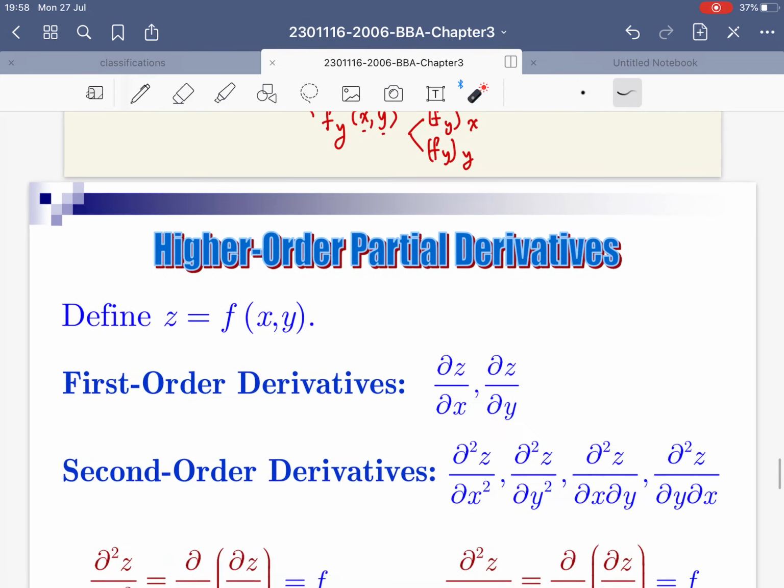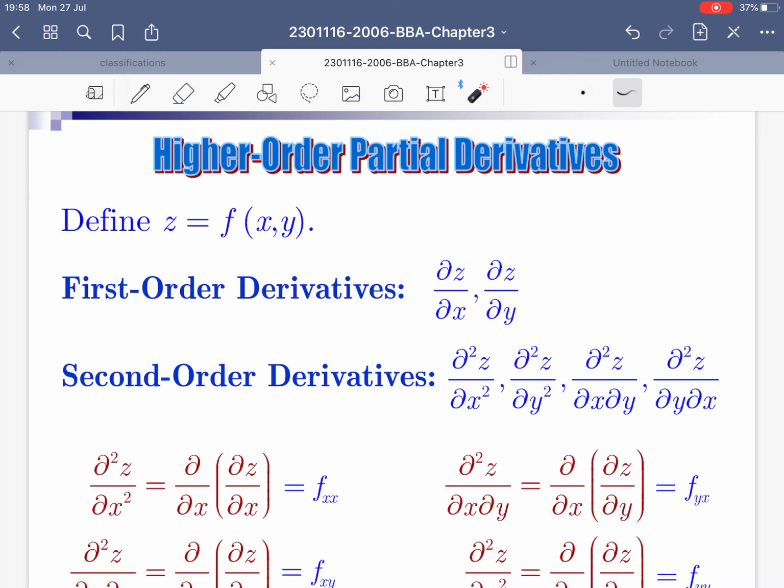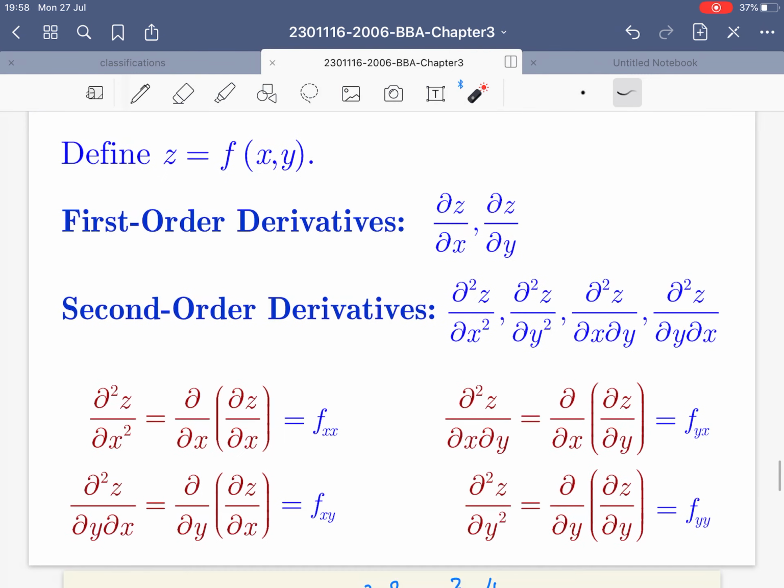So let's look at the higher order partial derivatives of the given function. Again, as we told you, our function z is in terms of f of x, y. The first order derivative is dz by dx or dz by dy. But if you find a further derivative with respect to x, you are going to write the operator in front of the one that you did previously.